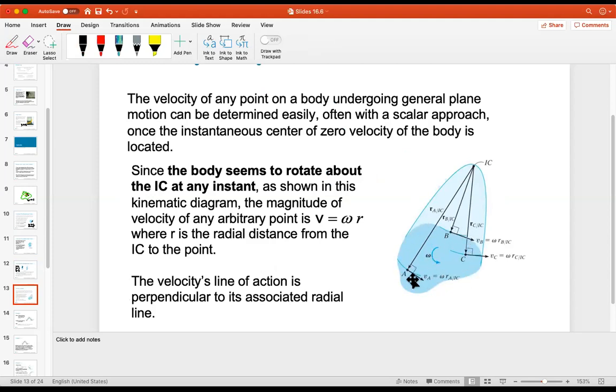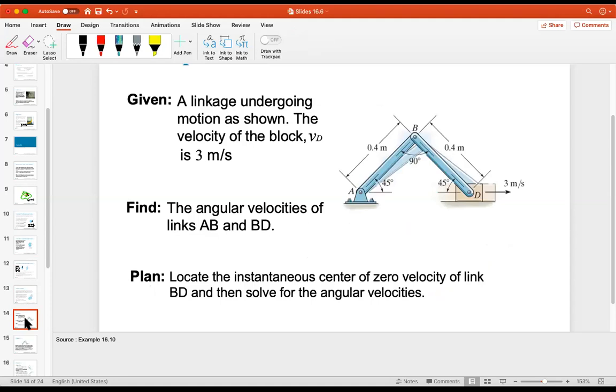The darker light blue is the original object. The lighter light blue shows you where the extended object is, and then the instantaneous center is there. All right, let's go on to our first example.